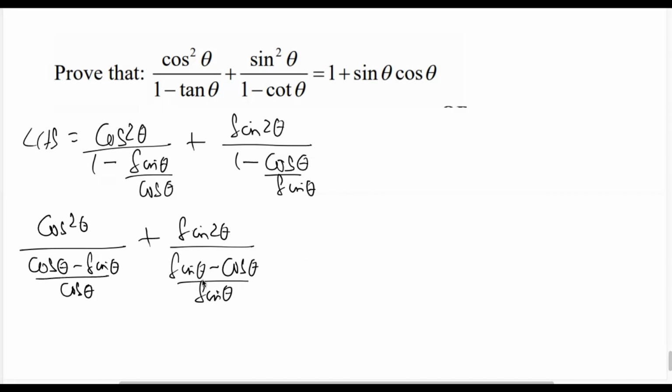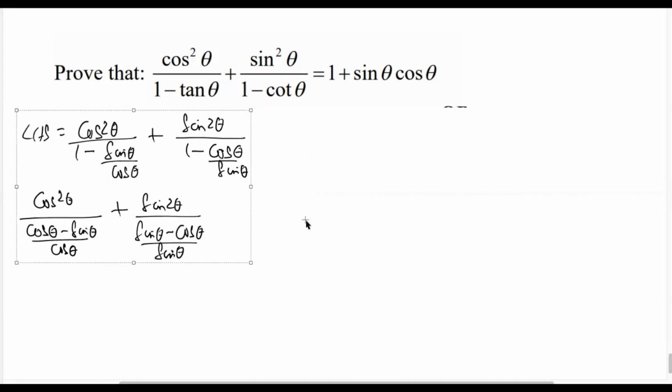Now, what you know is that dividing is the same as multiplying by the reciprocal. That's what I'm going to apply here. This divided by this is the same as this multiplied by the reciprocal of this.